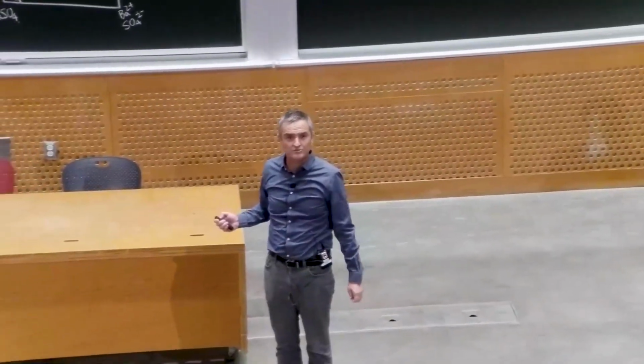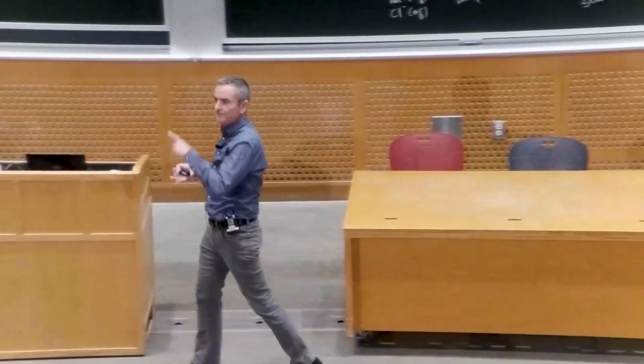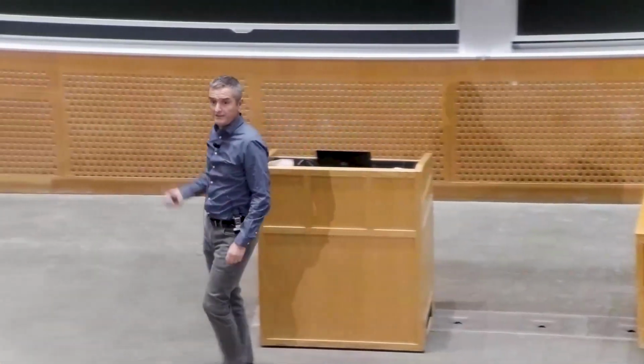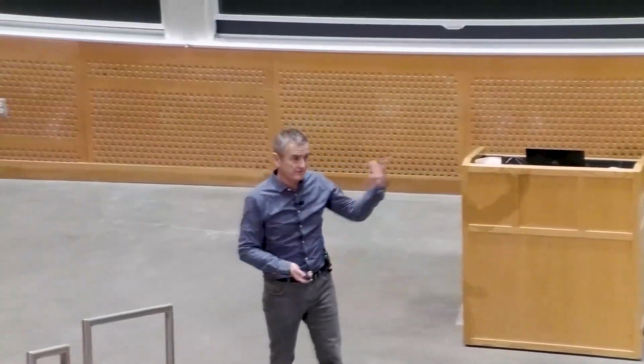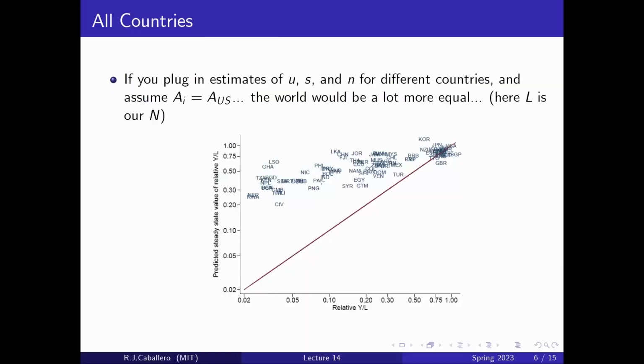That's the point. If you take all these things that make a lot of sense, education, saving rate, and so on, you're going to explain a small share of the differences in income per capita across the world. Sorry, in this plot here, L, labor, is our N. So this is Y over N, our little y in this thing.